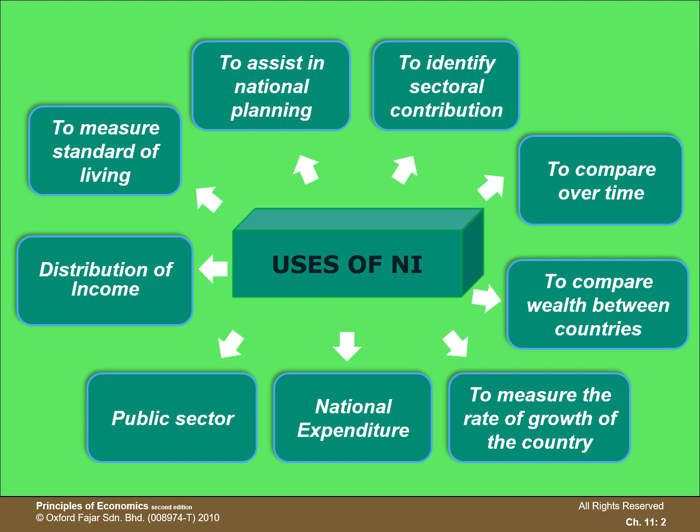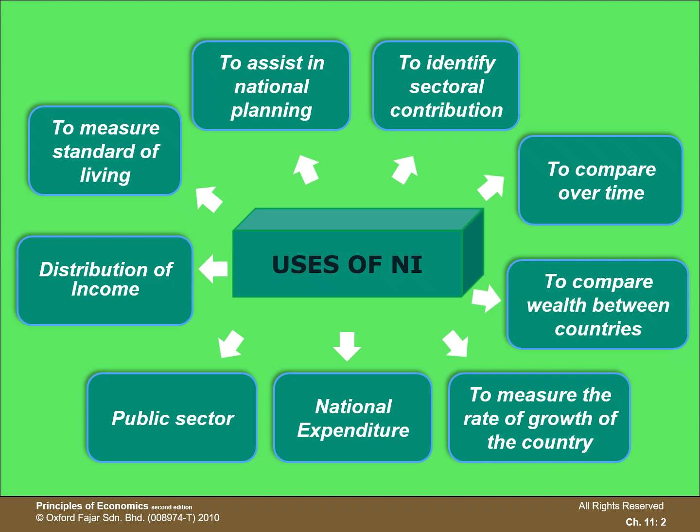The real rate of economic growth can be calculated using the formula of real GDP in year 1 minus real GDP in year 0 divided by real GDP in year 0 times 100. Remember, year 1 refers to the current year, whereas year 0 refers to the previous year.